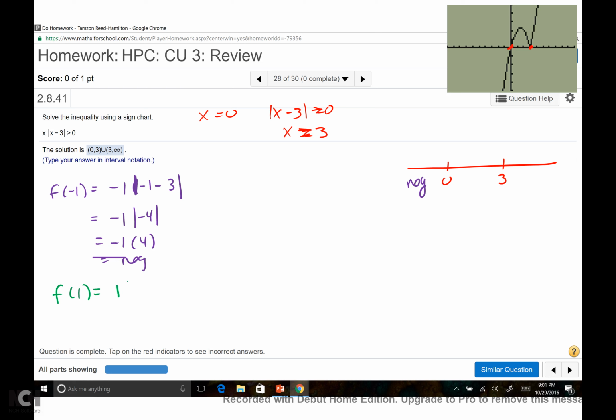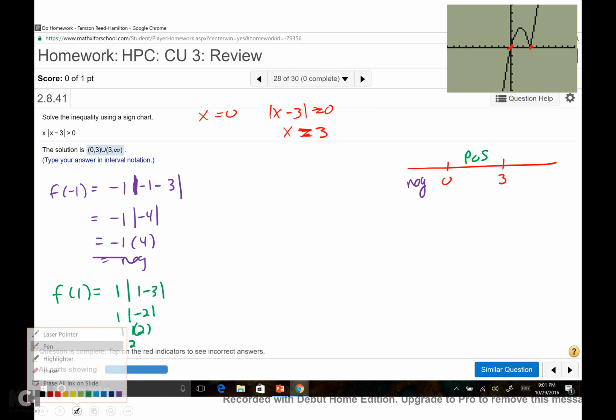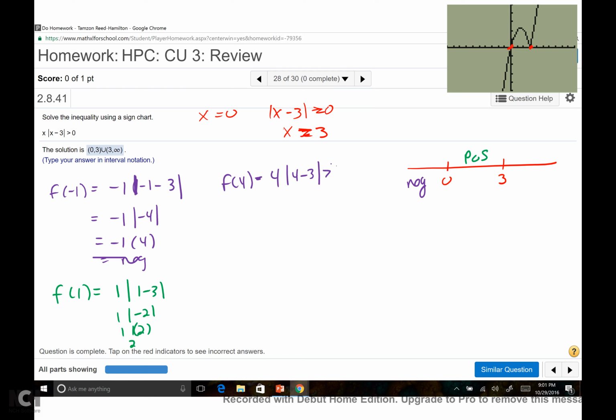That's 1 times the absolute value of 1 minus 3, which is 1 times the absolute value of -2, which is 1 times 2, which is positive. If I pick something beyond 3, like 4, and find f of 4, I would have 4 times the absolute value of 4 minus 3, which is 4 times the absolute value of 1, which is positive.